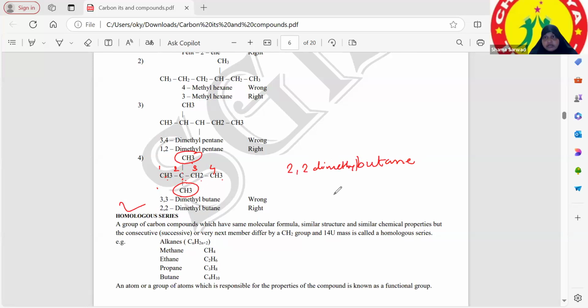Ma'am, can you just note those rules down? The rules given by IUPAC for nomenclature. Can I note them down? You can, I'll give it to you.